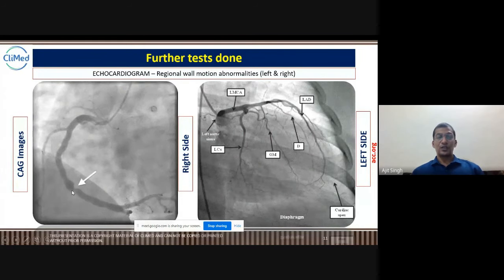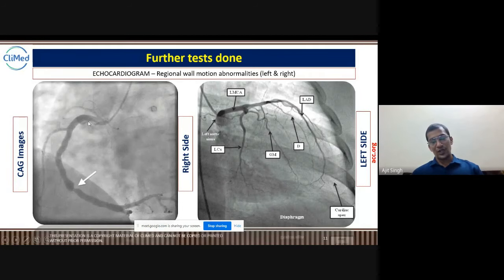There are certain radiological scoring systems which are completely computerized, which tell you what is the percentage of the block. I'll tell you this is quite high. This is around 80%. This is an 80% right side block in RCA.